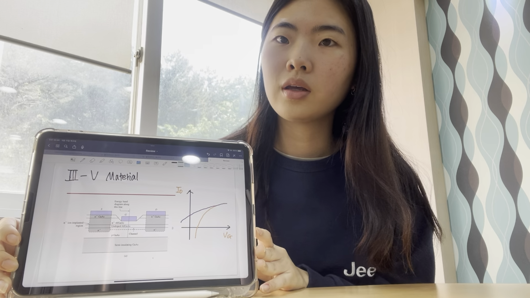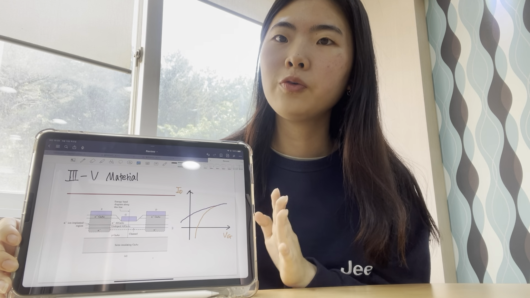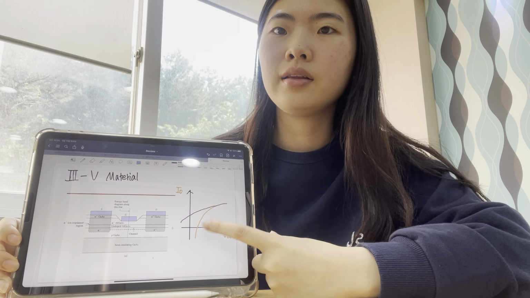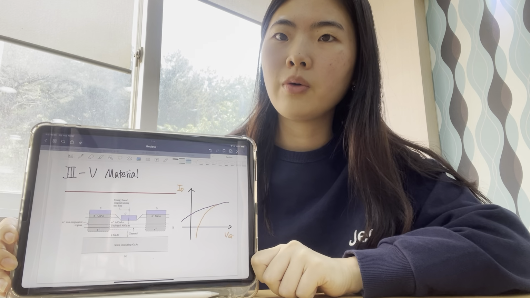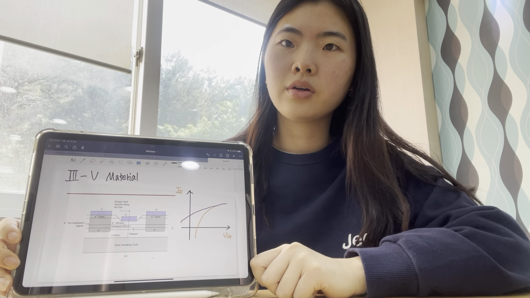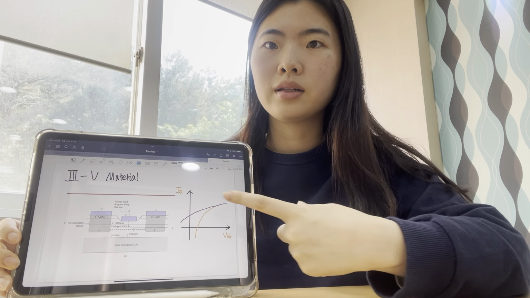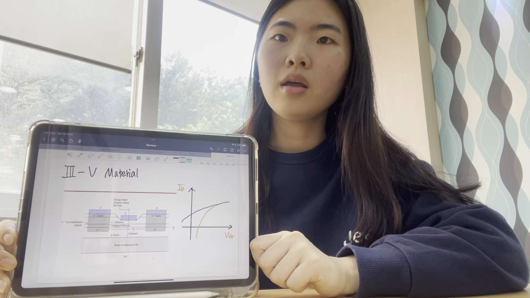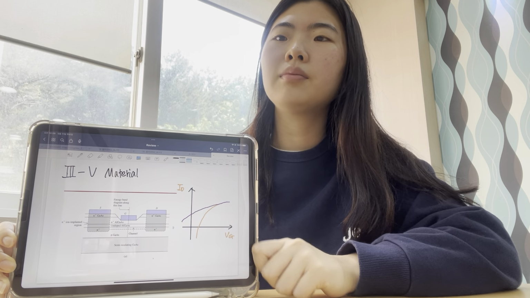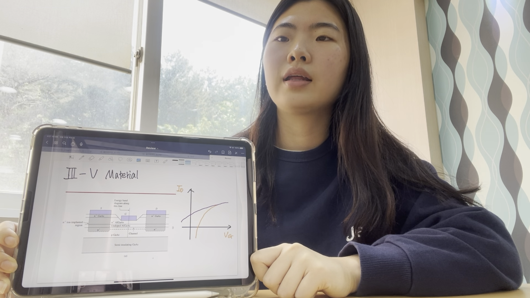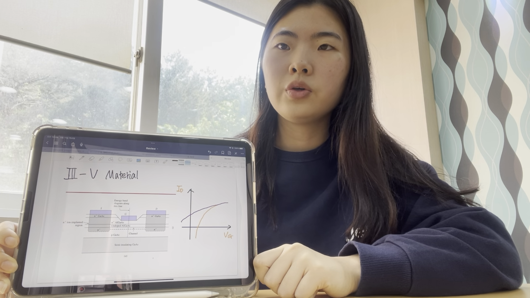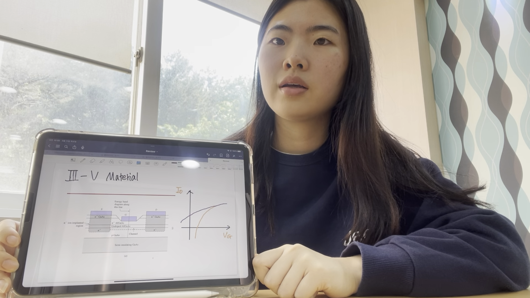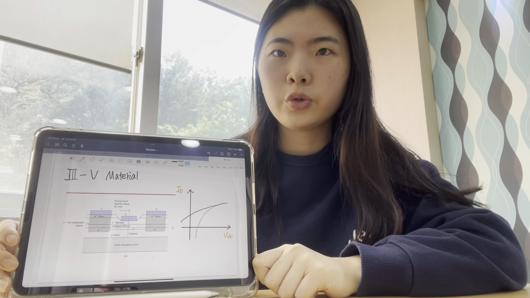So hopefully we want this red line current flow. However, 3-5 material current flows like this purple line. This makes leakage current and loses power.